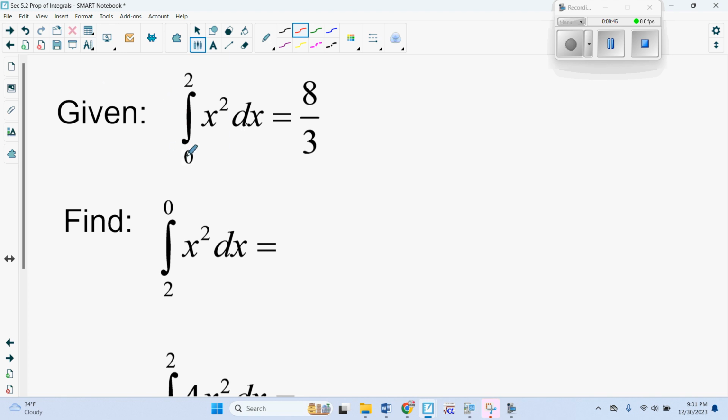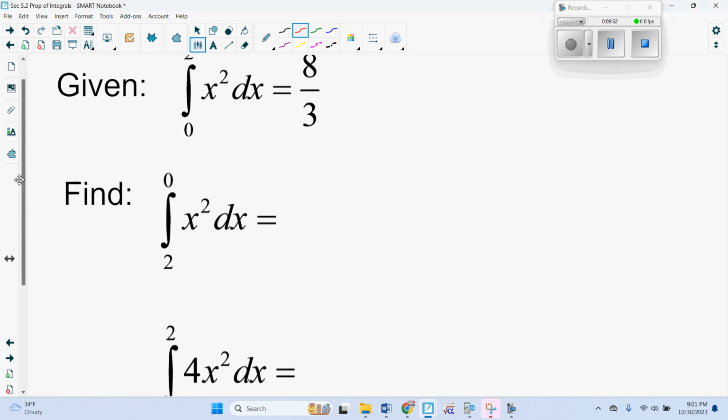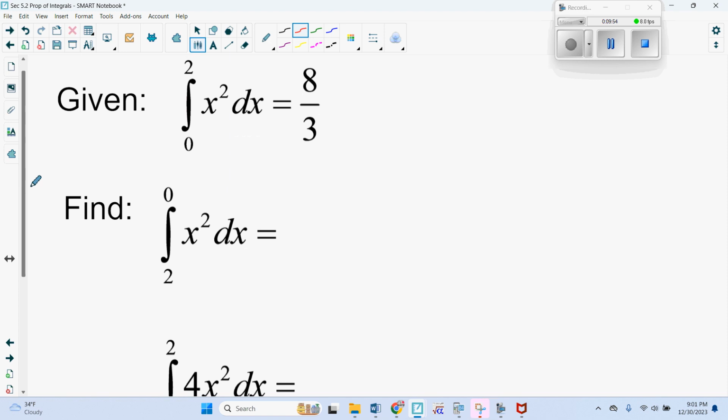We are given that the integral from 0 to 2 of x squared dx is 8/3. So what would be the integral from 2 to 0 of x squared dx? Well, to use the top one, I could say this would be minus, and I can change my limits, and this would just be minus 8/3.